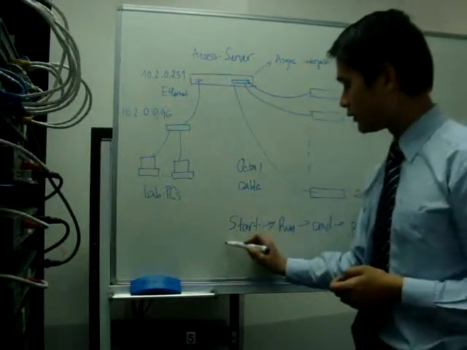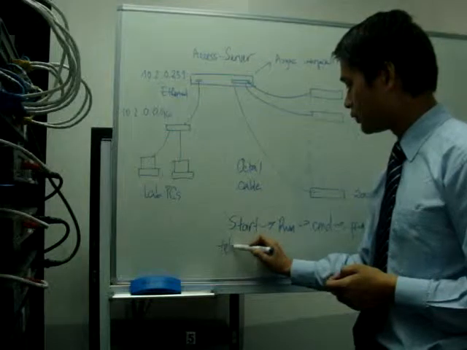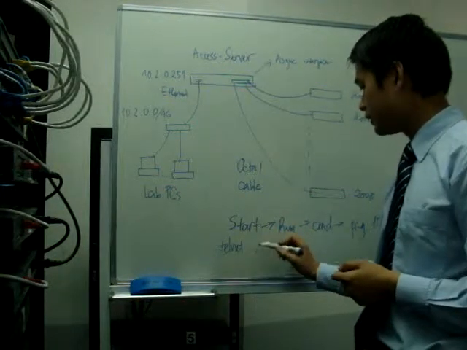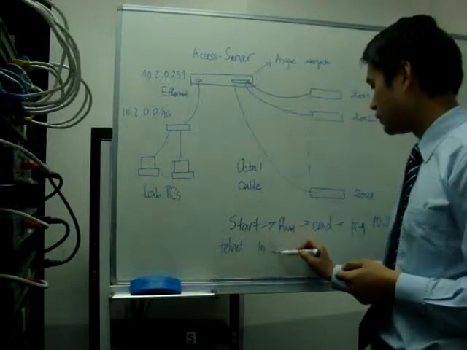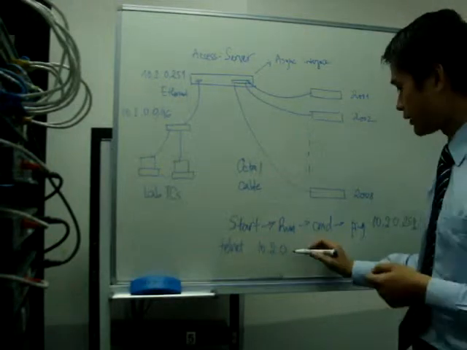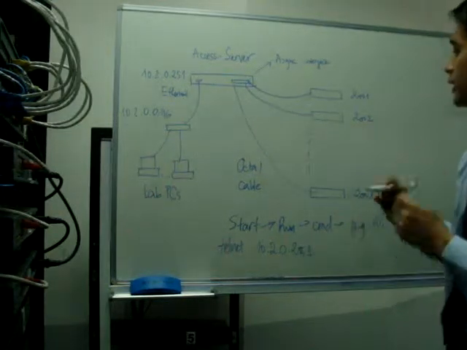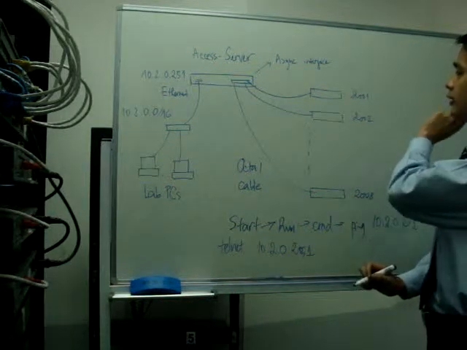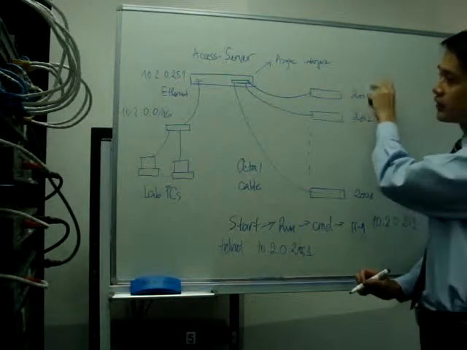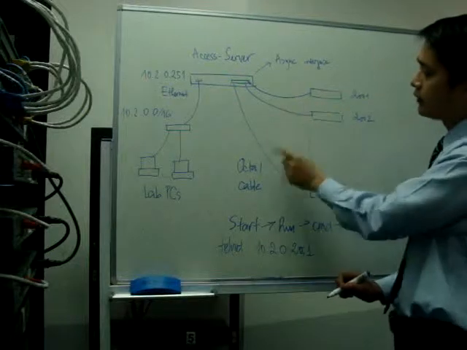After that, you can do the telnet command to the IP address of the access server, 251, and then input the port number which is assigned to the line of the octal cable.